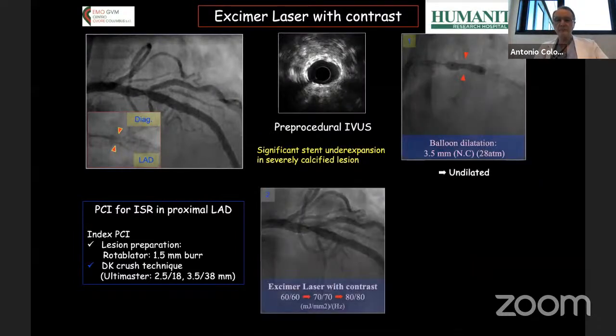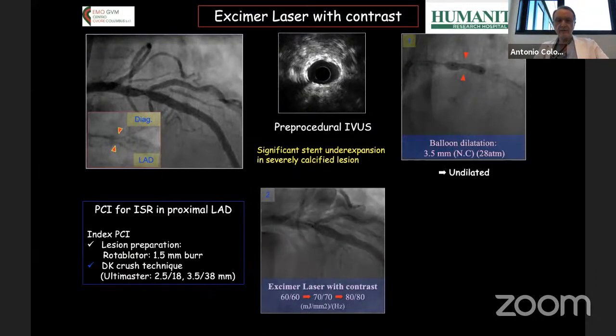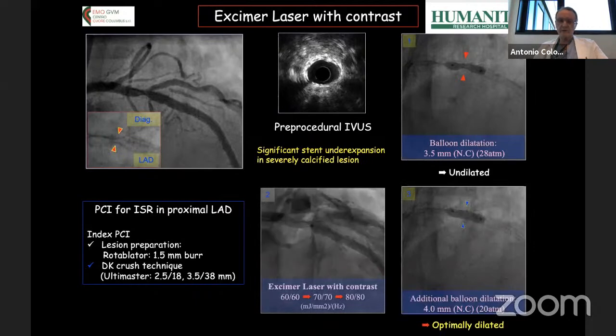This is the typical balloon under expansion. You go with the laser, 0.9, 80-80, maximum fluence and repetition rate, and you inject some contrast only inside the stent, and then you go to a high pressure balloon.